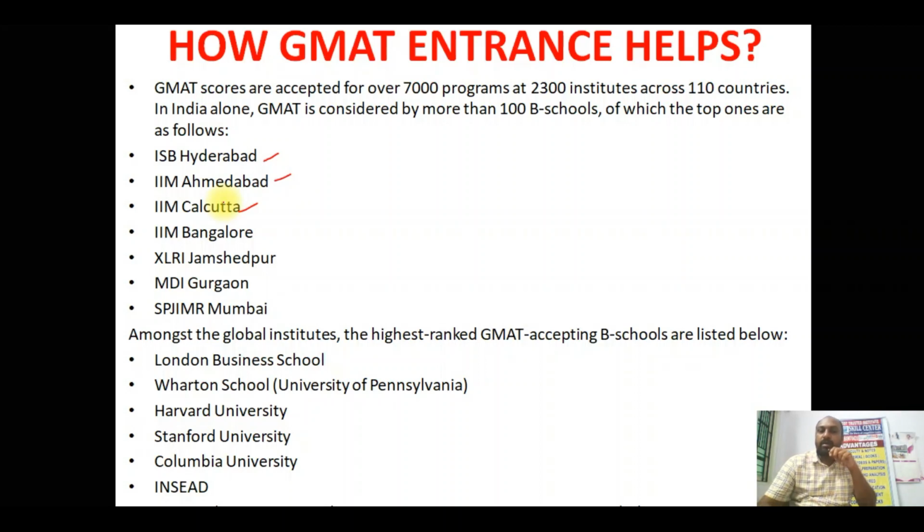Among the other B schools, global institutes like London Business School, Wharton School, Harvard University and Stanford University are the top universities according to global ratings, and they accept the GMAT score. Along with it you can have an IELTS or some other language test. These two scores will be very helpful for you, no doubt about it, to get admission into well-known universities in foreign countries, which I am showing now.